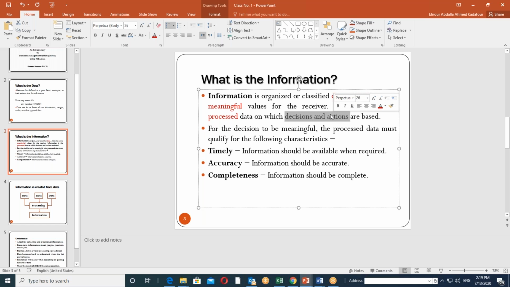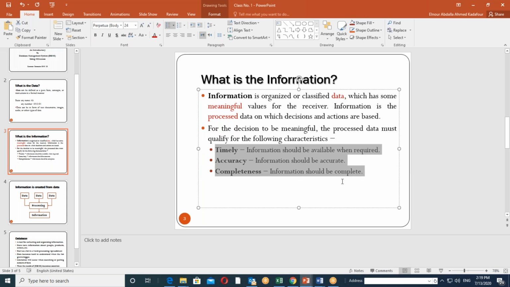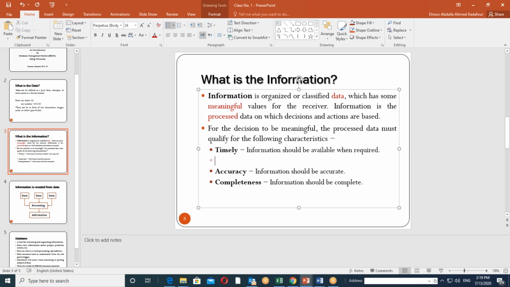Point number two: for the decision to be meaningful, it must be based on trusted information. So it has to come through some filters, some characteristics. What are they? It has to be timely and updated. Accuracy, exact. Completeness, from A to Z. Simply, keep this for yourself.